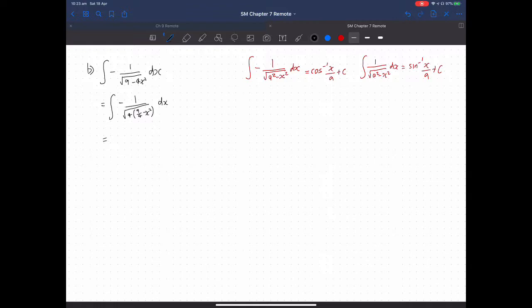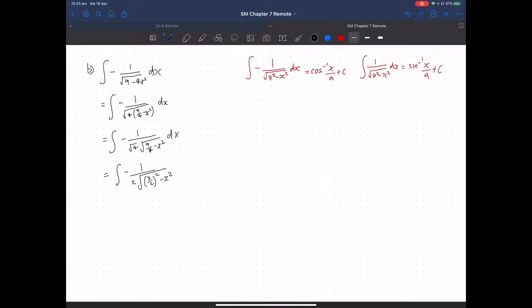Now, using our surd laws, what I now have on that bottom line is minus 1 over the square root of 4 times the square root of 9 on 4 minus x squared. The square root of 4 is 2. So we've got minus 1 over 2 times, now we know 9 over 4 is 3 over 2 squared minus x squared.